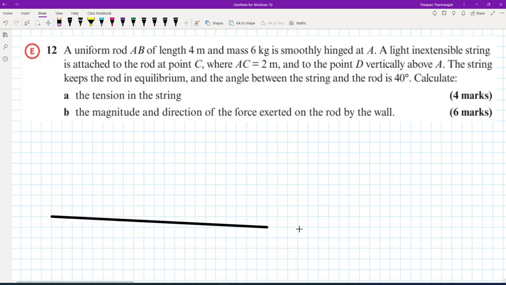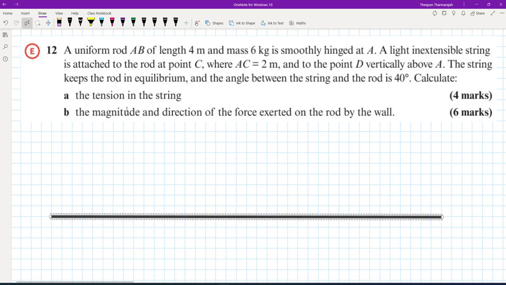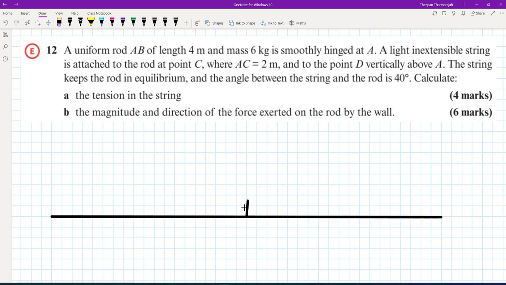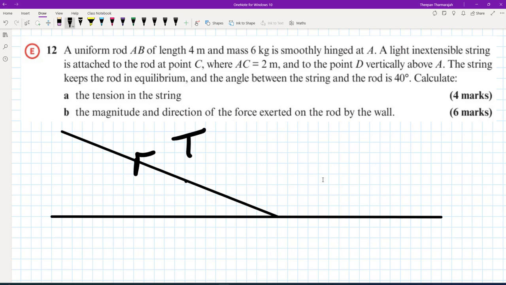So we draw the rods, and at C, exactly in the middle, they tell us it's 2 meters, so I'm going to draw it roughly here. It's like that, and I'm going to try and make it more in the middle here. And we've been told that there's tension in the string, so let's draw it in, inclined to the horizontal at 40 degrees. This is A, this is D, just like before.